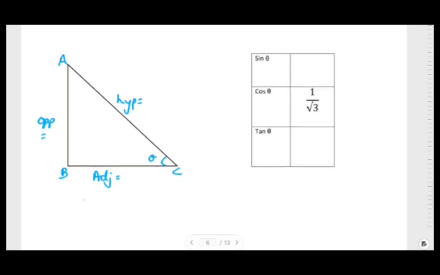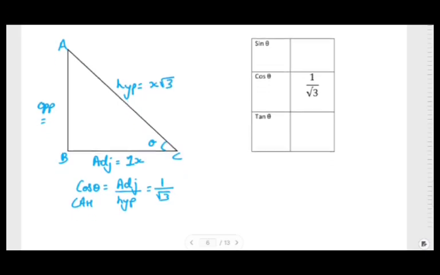Alright, so cos theta is equal to, cos is ka, that's why adjacent upon hypotenuse. What's my adjacent? So already the value given is 1 upon root 3. So adjacent value is 1x. Hypotenuse value is x root 3. Correct?